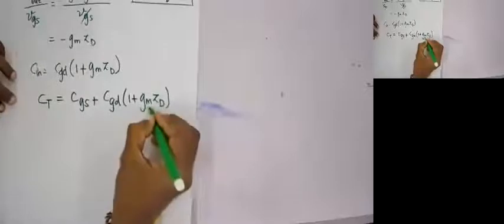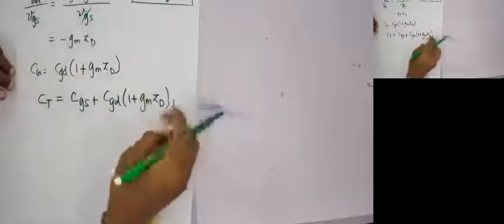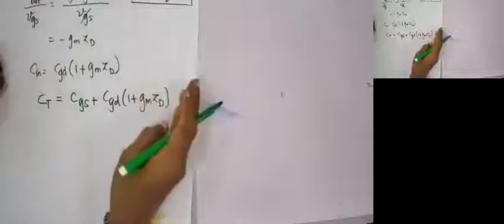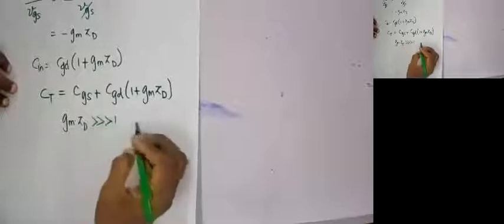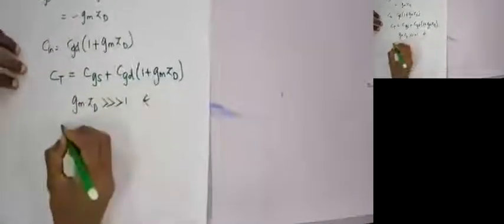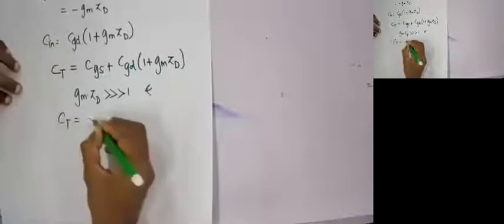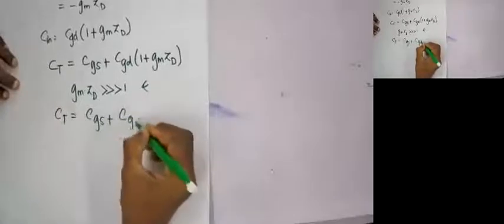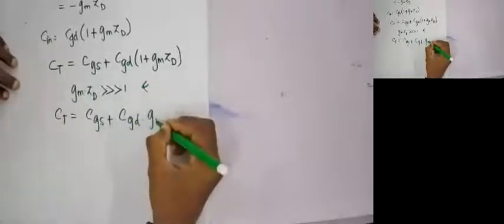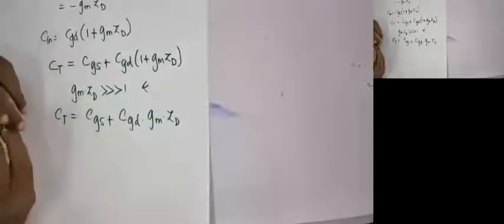Here GM into ZD is very much greater than 1, hence CT equals CGS plus CGD into GM into ZD.